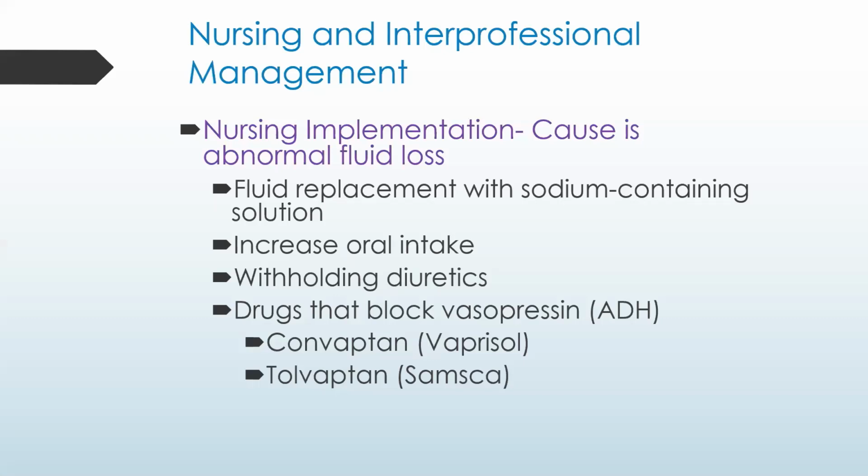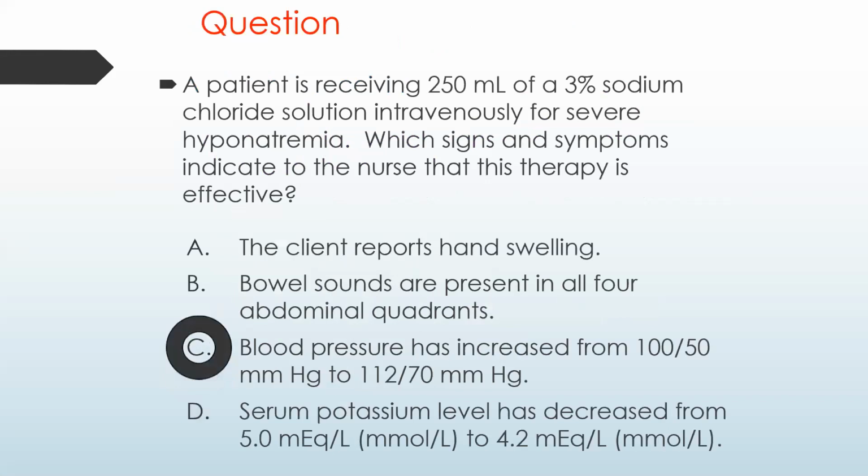It should not be used in patients with hyponatremia from excess water loss. Tolvaptan is an oral agent used to treat hyponatremia associated with heart failure, liver cirrhosis, and the syndrome of inappropriate antidiuretic hormone secretion, or SIADH.